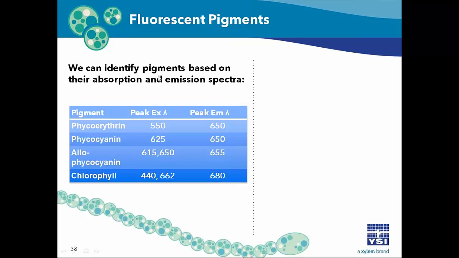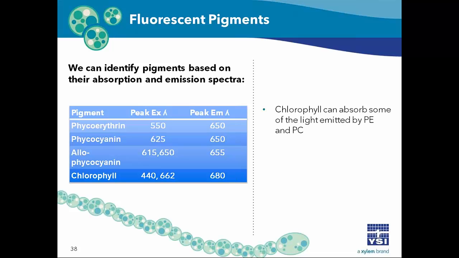We can identify specific pigments based on their absorption and emission spectra. Some of the peaks that are shown here are what we commonly use when we filter LED lights, for example, to hit these in the lights that are put out by sensors or the lights that are detected by sensors.